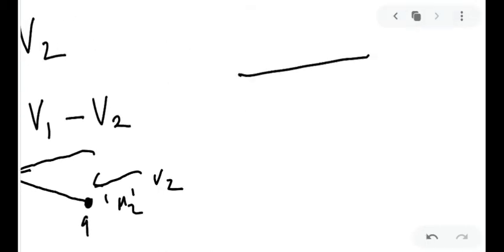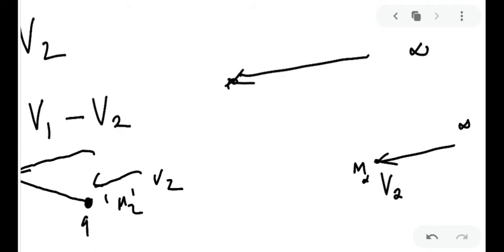Whether you are bringing the charge to M1 or M2, you are bringing it from infinity. If you want to bring the charge to M2, you do work V2, because it's a unit charge. Remember, whenever I say V2, it means the amount of energy for a unit charge alone, not for any charge. Now if you want to move this charge from M2 to M1, how much energy is required?